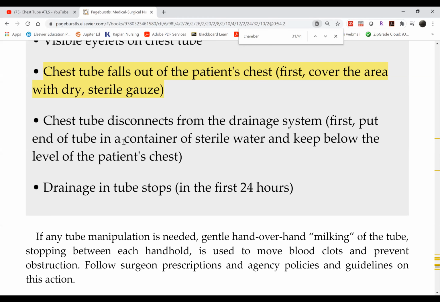So the water seal is no longer protecting the patient. So you have to create a temporary water seal. So this is where that sterile bottle of sterile solution comes in. So you need that to dip the tube in it. So you put the tube in there. There you go. Voila! You have an instant water seal.